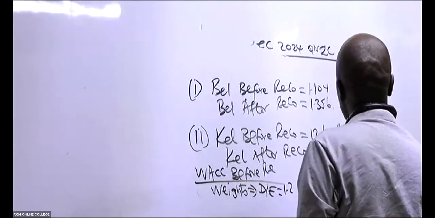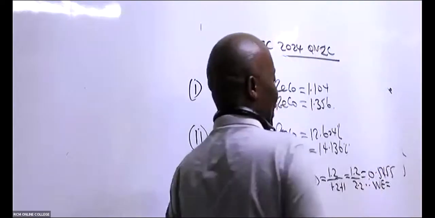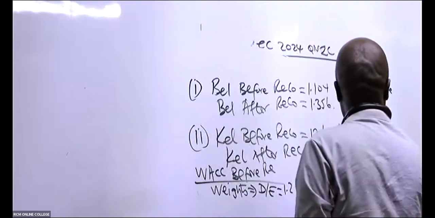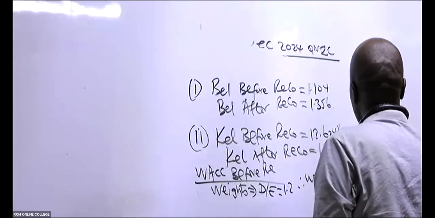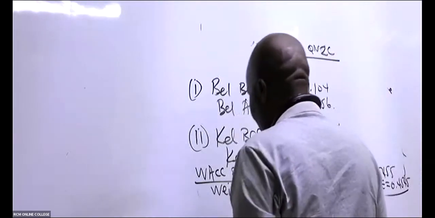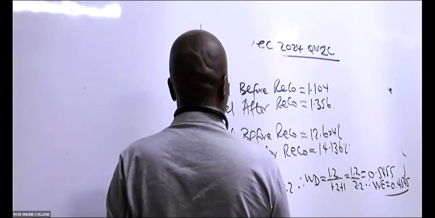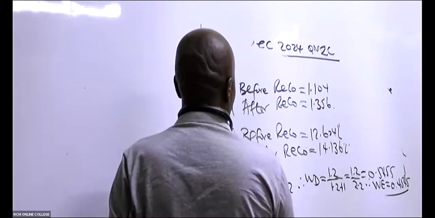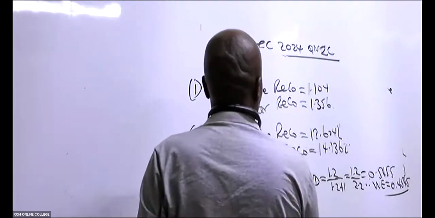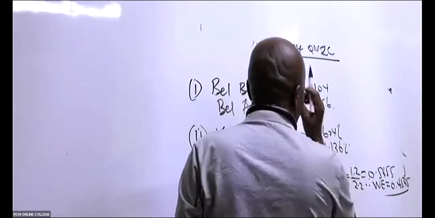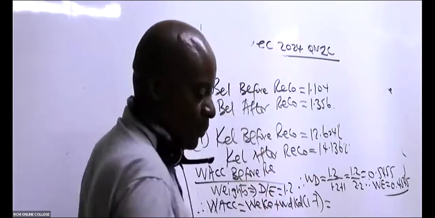And therefore, weight of equity will be 1 minus that. 0.4545. Thank you very much. And therefore, our WACC will be weight of equity times cost of equity, plus weight of debt times cost of debt, after taxation.